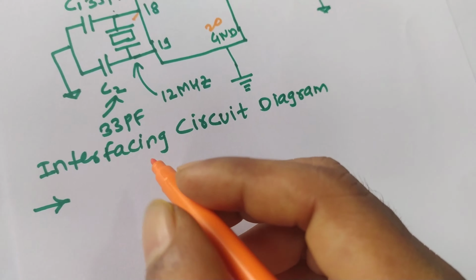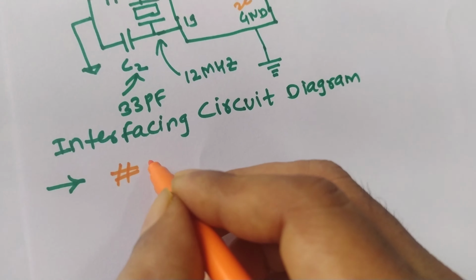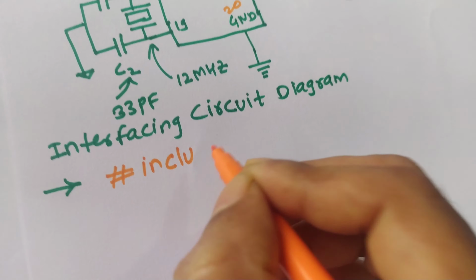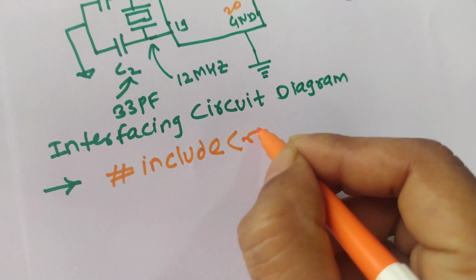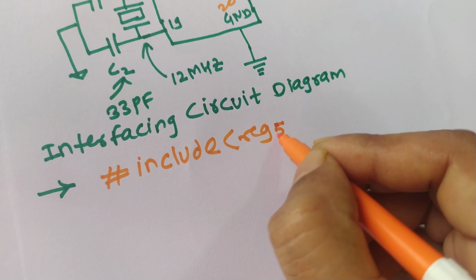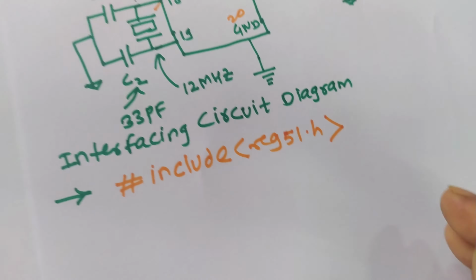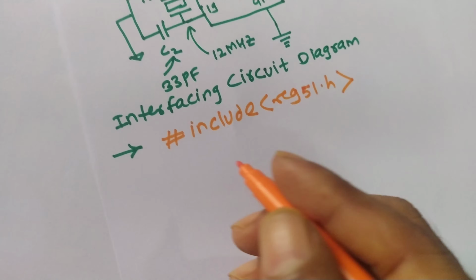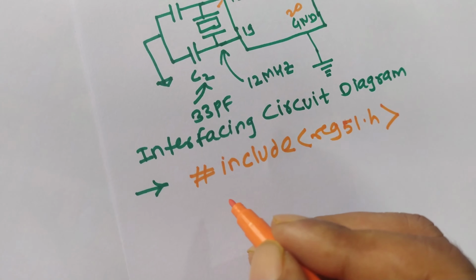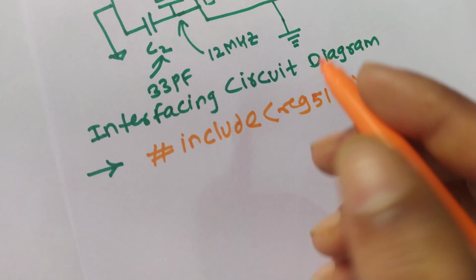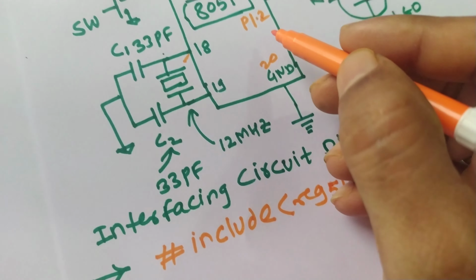Now let's see how to write the program. First of all, we write #include <reg51.h>, which we have to write by default. Then we have to initialize the pin, that means pin 1.2.